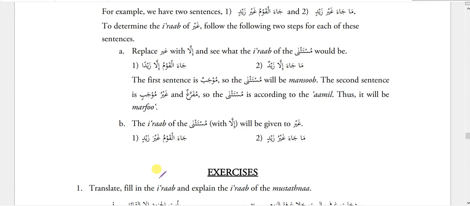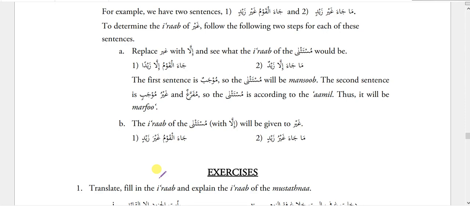So now the question is how one can tell what type of i'rab ghaira should have. Here the writer is saying simply replace ghaira with illa and see what i'rab illa should have here. Whatever i'rab illa is given, you can give to ghaira.